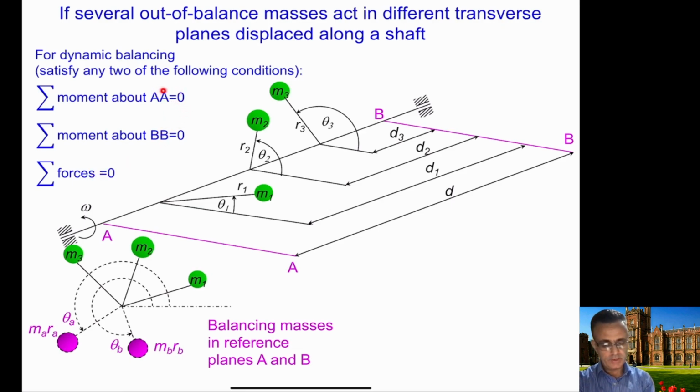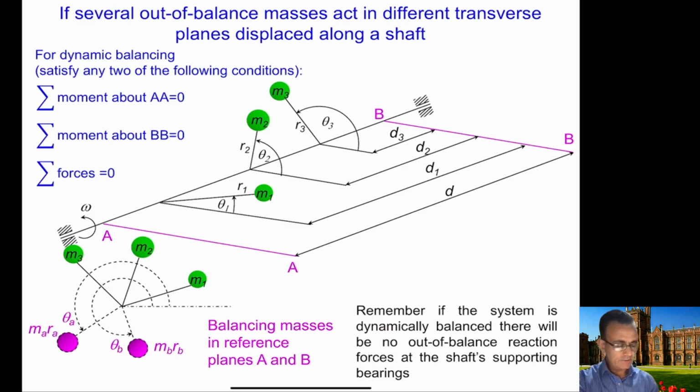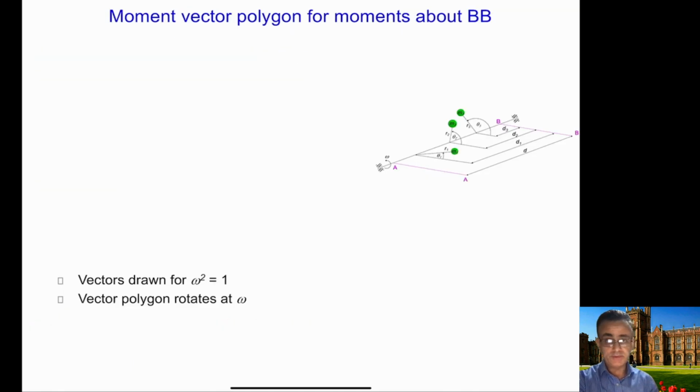So you can use either equations 1 and 2, or 1 and 3, or 2 and 3 to find out these unknown masses and their locations. Remember that if the system is dynamically balanced, there will be no out of balance reaction forces at the shaft supporting bearing. This is our main objective here.